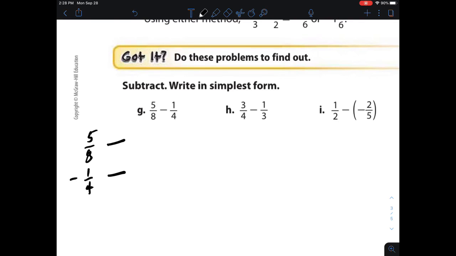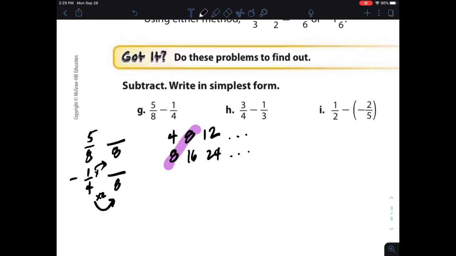So if I get the LCM of 4 and 8, I get 4, 8, 12, and so on and so forth. This is 8, 16, 24, so on and so forth. I did not continue because I can already see the LCD, which is 8. So that's 8, that's 8. I multiply this by 2. Therefore, I need to multiply that by 2.